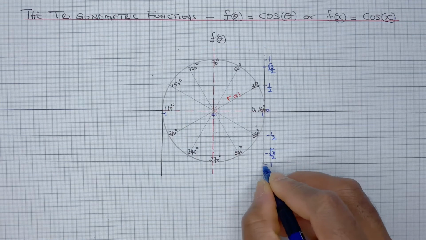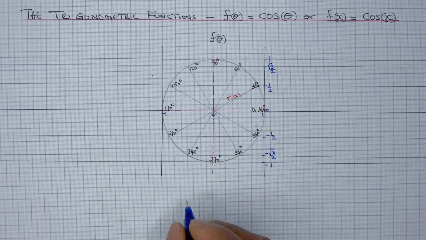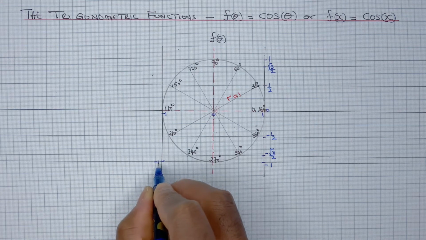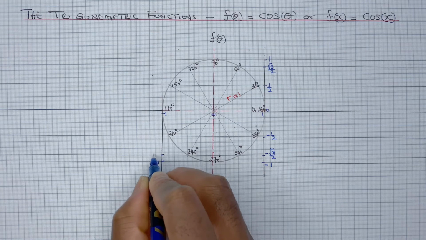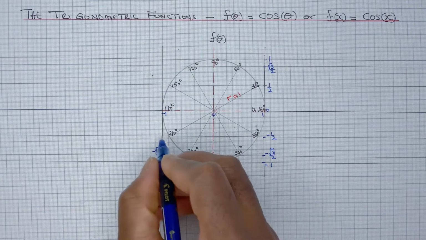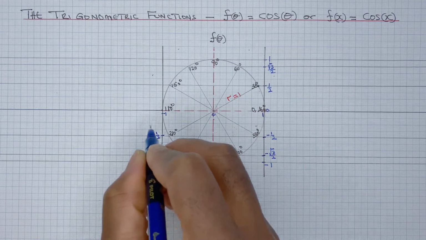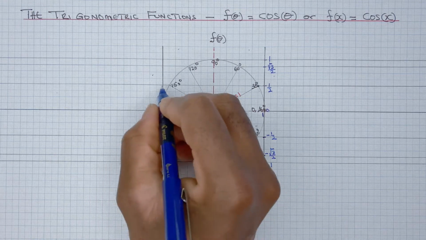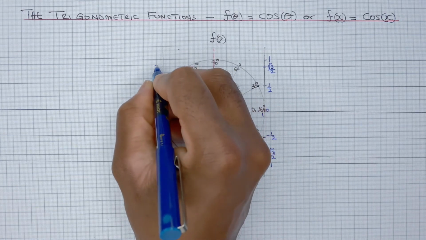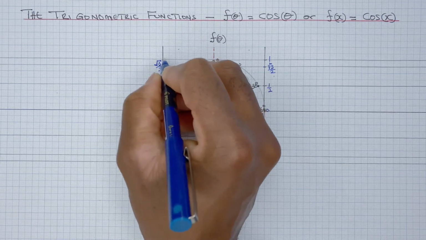This is minus 1. The same thing here, this is minus 1. This is minus root 3 over 2. This is minus a half. 0, a half, that's root 3 over 2, that's plus, and this is 1.